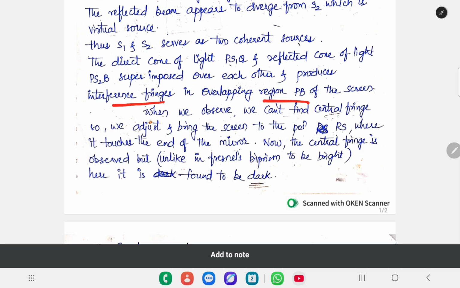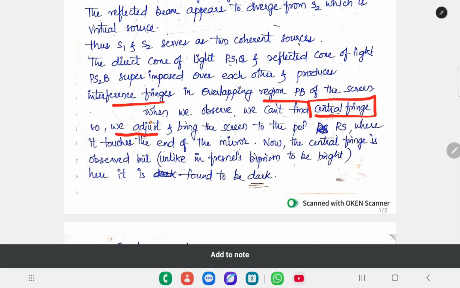Here we can't find the central fringe. When we are observing from the eyepiece, we cannot find the central fringe. So what we have to do is adjust the screen and bring it to a position where we can see the central fringe.